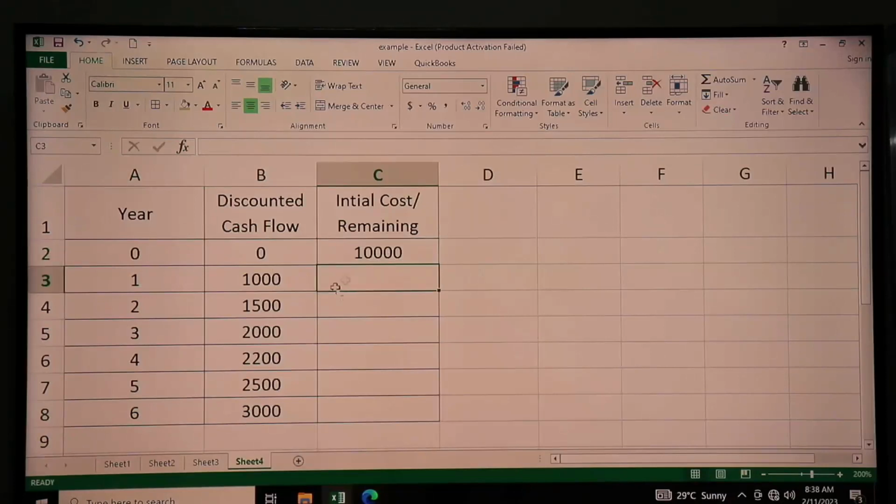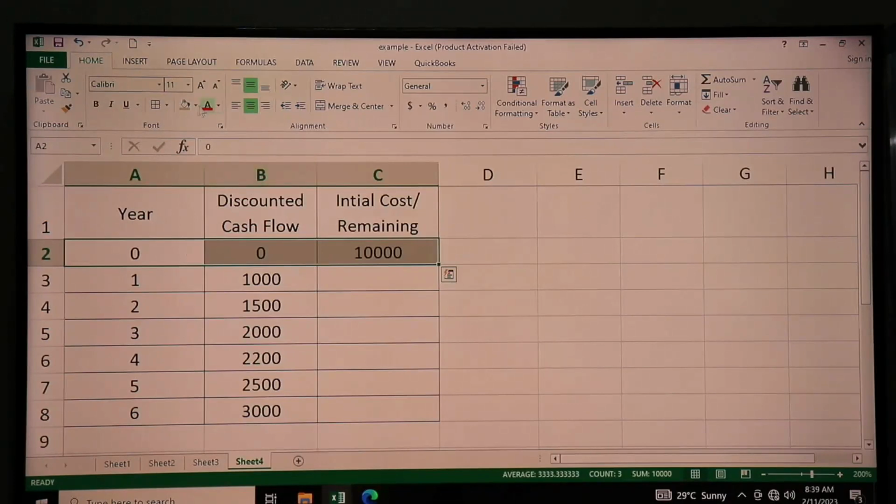So here you put a formula that allows us to get the remaining balance. In year 0, the discounted cash flow did return 0 because this is the time we invested our money. That was the first investment.